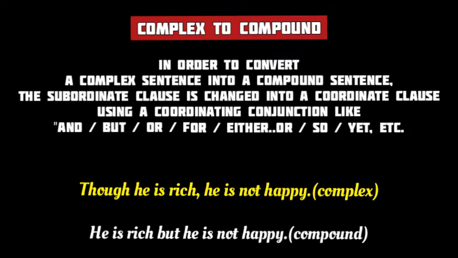So here the subordinate clause though he is rich is changed into a coordinate clause he is rich using a coordinating conjunction but.